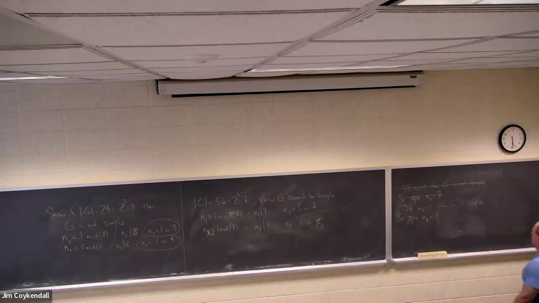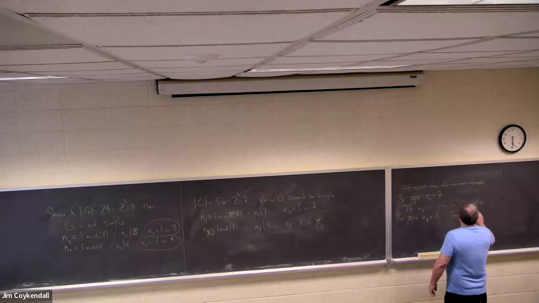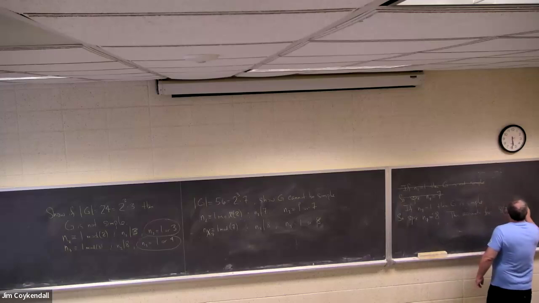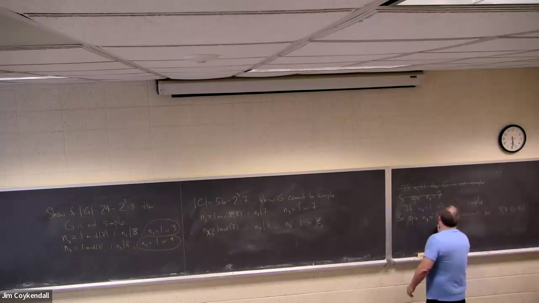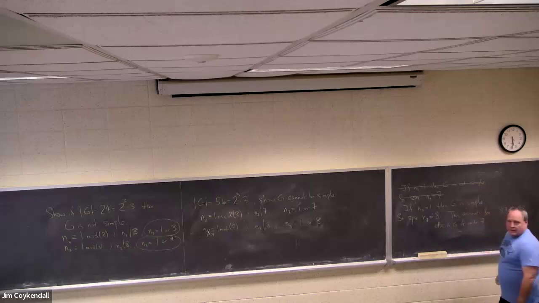So if there are 8 of them, this accounts for 8 times 6, which is 48 elements of order 7 in G, because every one of those Sylow 7 groups has the identity and then 6 elements of order 7.